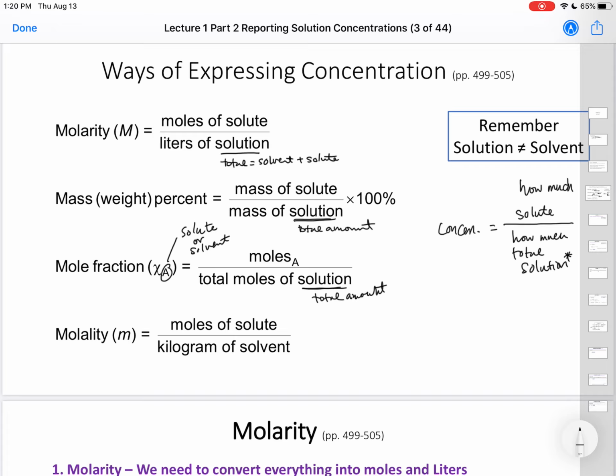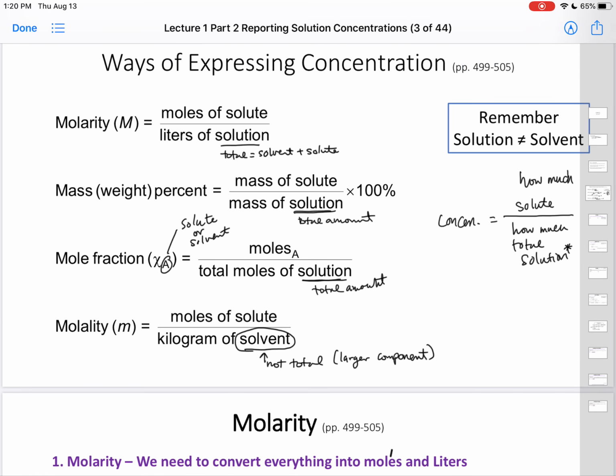It is moles of solute over kilograms of solvent. Notice here, this is not the total. Okay. The solvent is, remember, the larger component. Okay. Just keep that in mind. With all the other ones, it is the total amount, but with molality, it is kilograms of solvent.